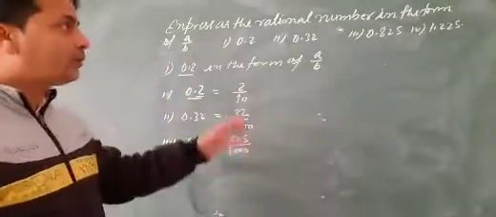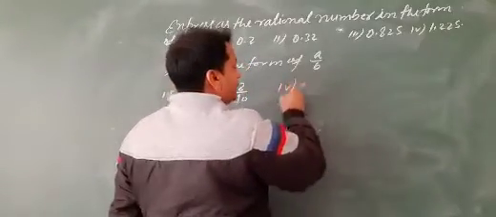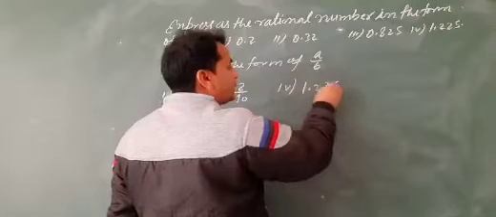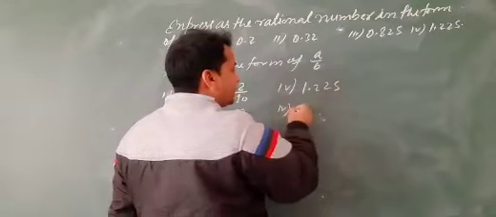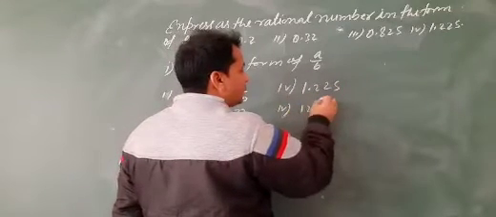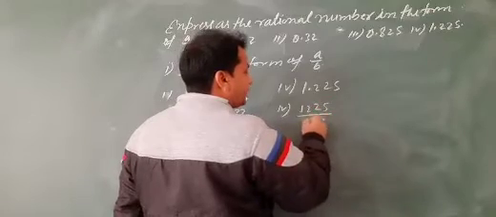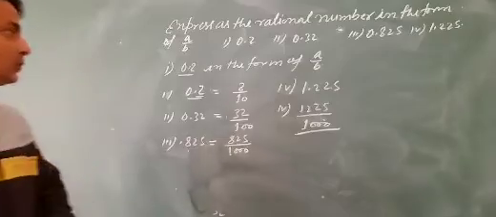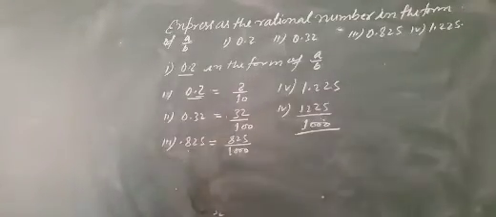Now the next is 1.225. After the decimal point there are three digits, so we can write 1225 divided by 1000.